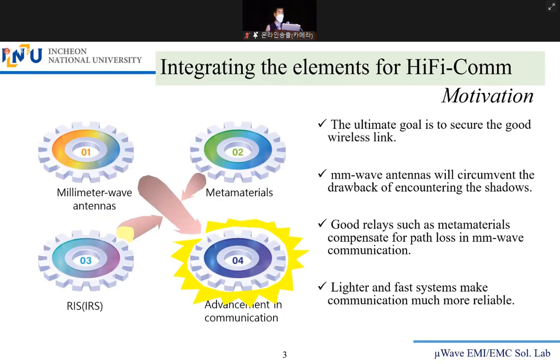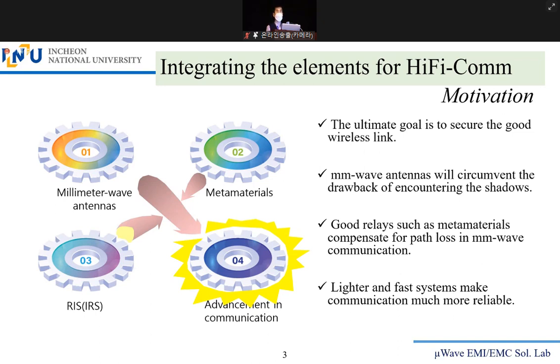This view graph is a good summary of my motivation. I was motivated to improve the quality of communication, especially 5G, 6G, and beyond, because we exploit millimeter wave, which has very many limitations compared to the legacy mobile communication frequency bands. The reason is, as the frequency goes up, the electromagnetic wave tends to be very direct.